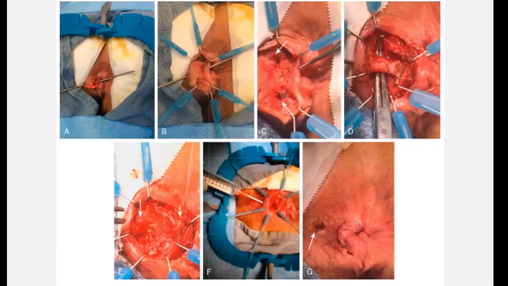D has the fistula tract splayed open. You ligate and incise that fistula tract and then reapproximate the anoderm, which is at F. And then F shows injection of hydrogen peroxide to establish that the fistula tract is no longer patent after you've ligated it. And then G is the final product.